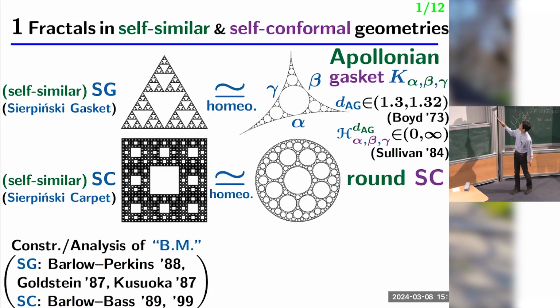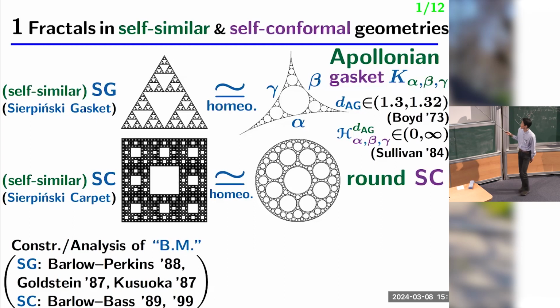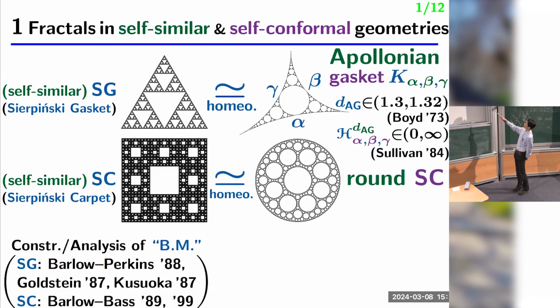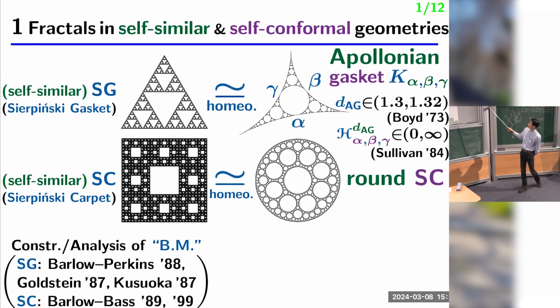There are some numerical results by McMullen in the late 90s, but it's not important for my purpose, so let me not mention it. At the value of the Hausdorff dimension, the Hausdorff measure of this fractal is known to be positive and finite, so it's a decently nice measure.